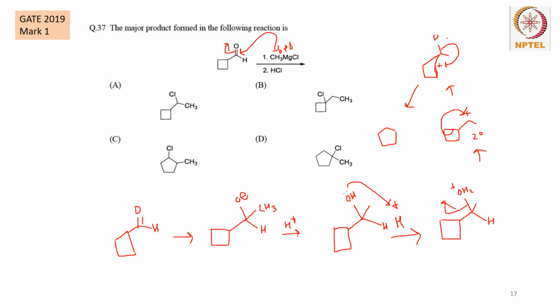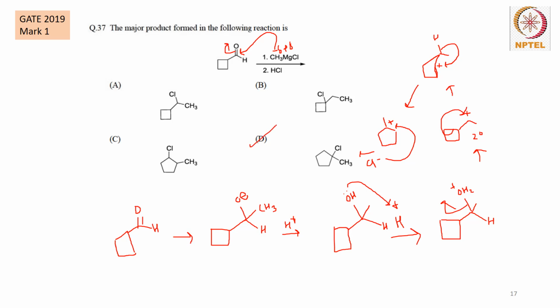So this hydrogen is shifting, so this center is now electron deficient. As we have taken H plus, there is a Cl minus in the system. This Cl minus will attack this positive center and give our product. So the answer will be D.